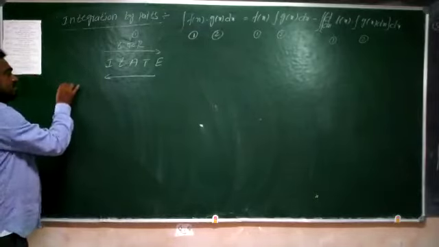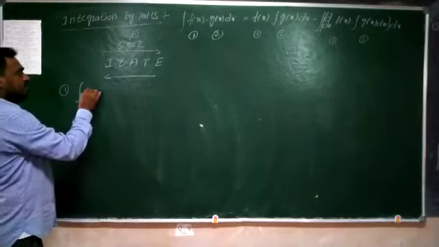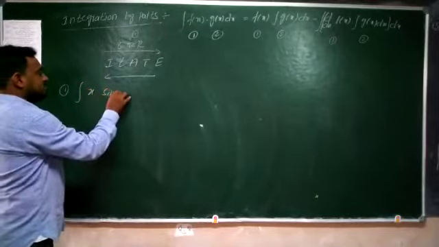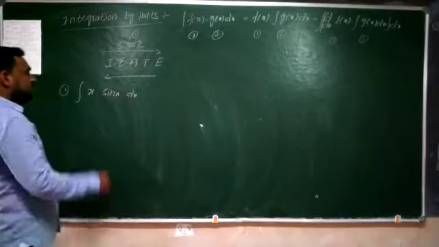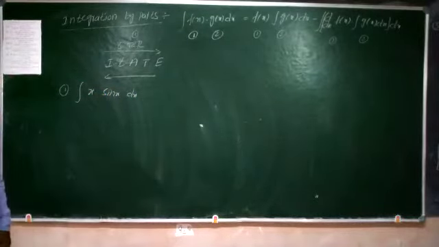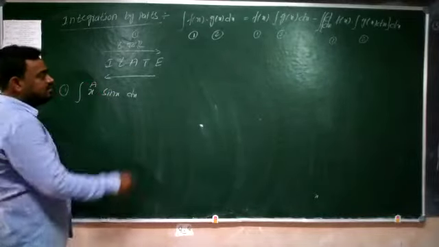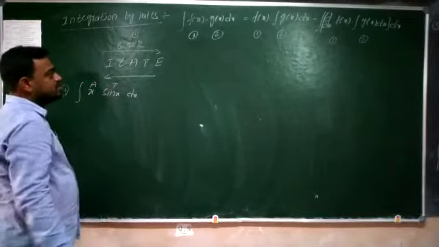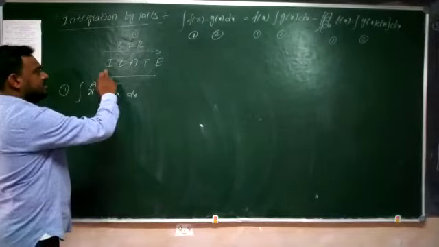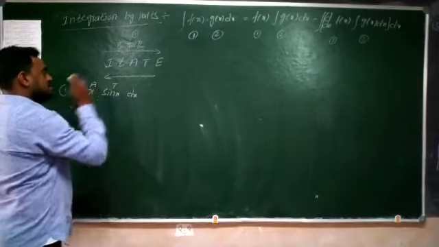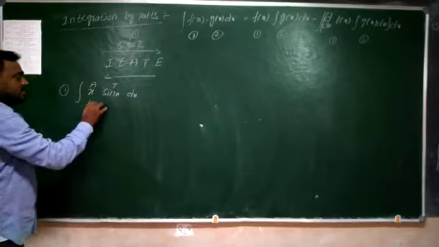Example: integration of x into sin x dx. x is which type of function? Algebraic function. Sin x is a trigonometric function. In this order, which is first? A is first, so this is f of x.